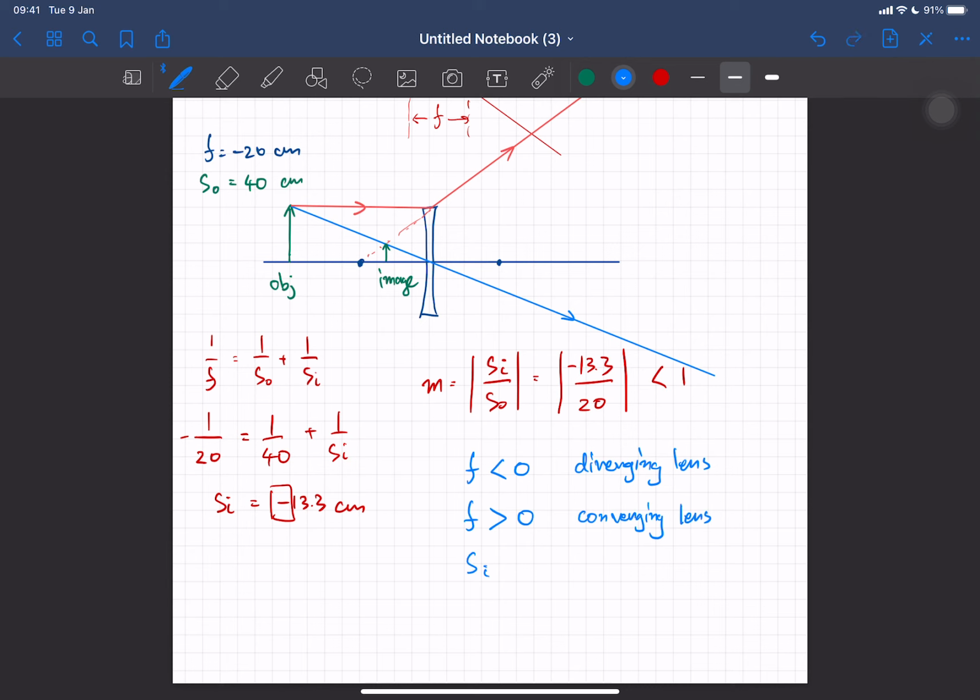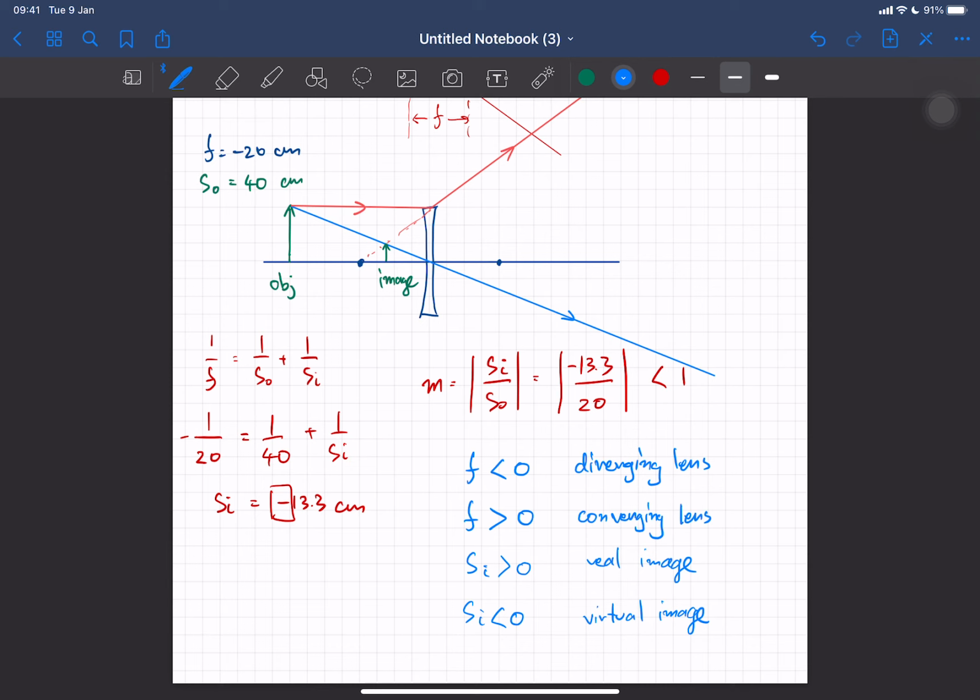If SI is positive, we have a real image, and SI less than 0 means we have a virtual image. This summarizes the signs of these variables SO, SI, and f. If you follow this, everything will be consistent with the way that we draw the picture here.